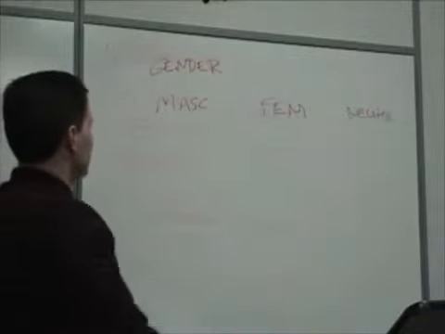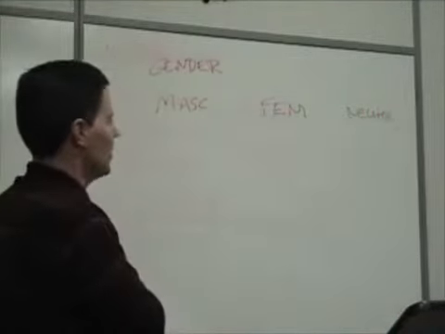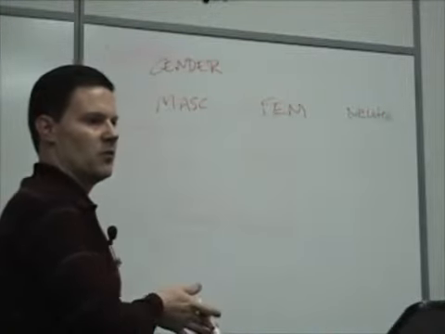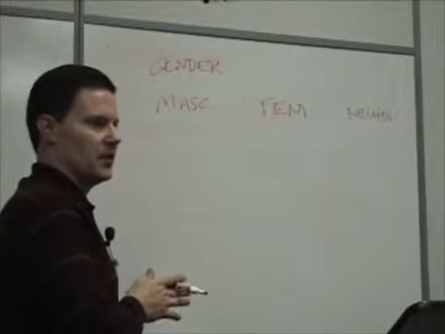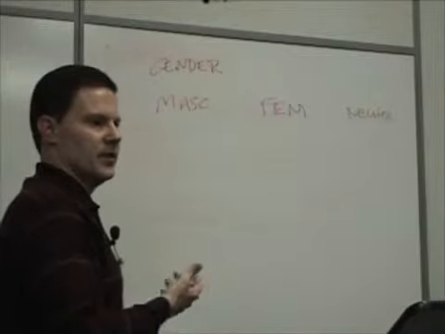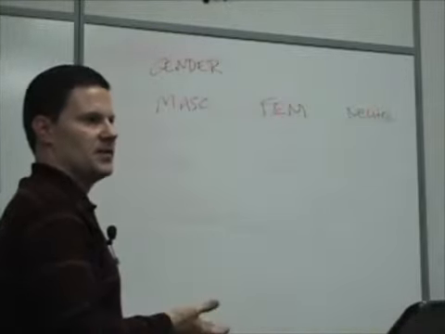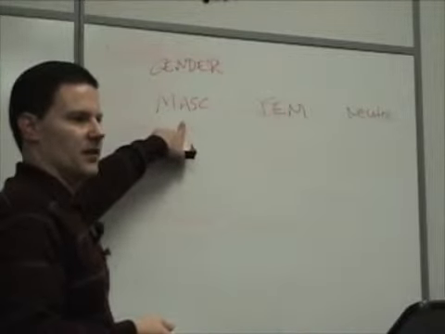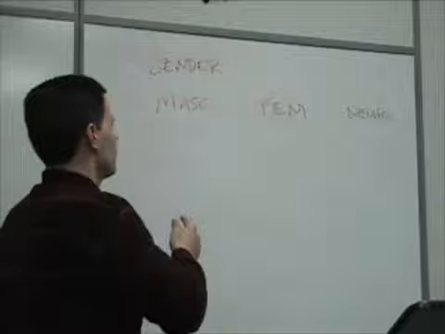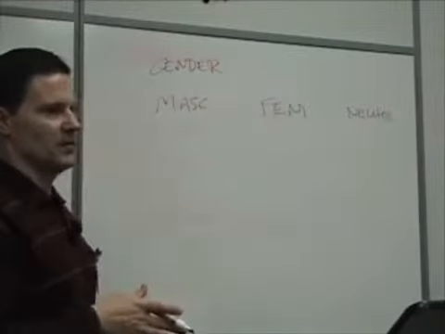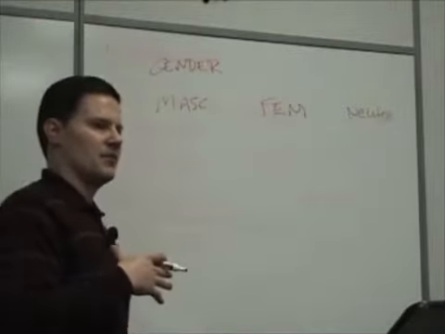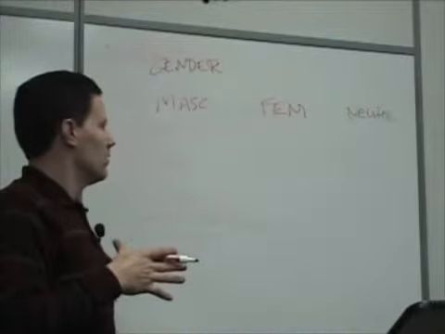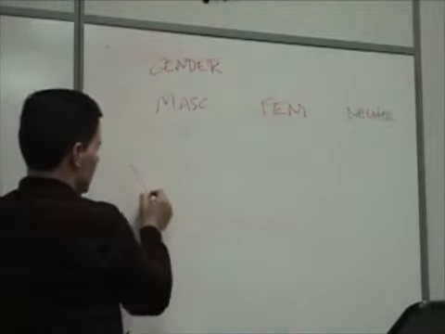Generally, a word will only be one. So when you learn it, you'll learn it as being like logos. It is a masculine word, so it'll always follow masculine. It'll always be masculine.